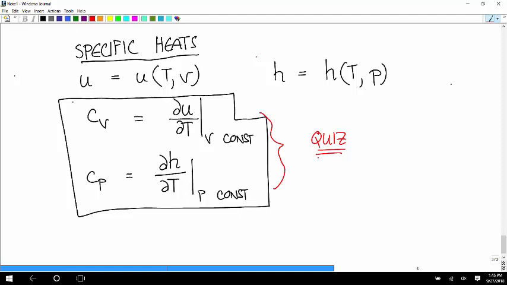And so often we can approximate the specific internal energy as a function of temperature alone. Okay? And if you can approximate U as just a function of temperature, that's not always true, but in some cases it's going to be true, then this complicated thing becomes simpler.